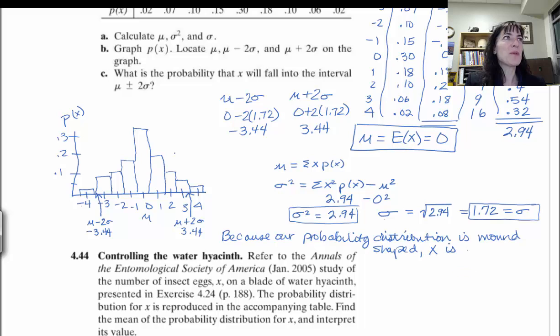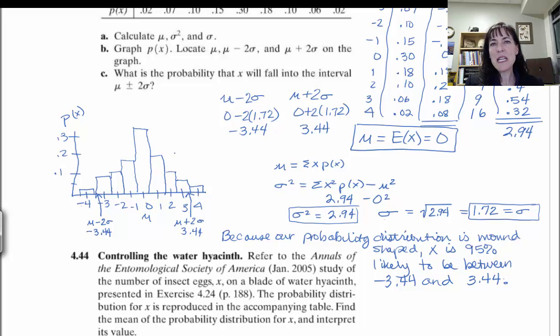In this case we're wording it a little differently. X is 95% likely to be between negative 3.44 and 3.44.